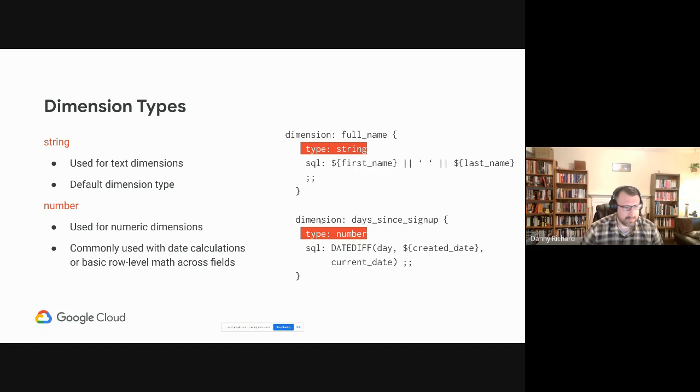Anytime you have a dimension as a number, that would be of type number. So this is a good example. Days since sign up. That is a number, but it's something that you're not going to aggregate on. It's something you're going to slice and dice on. So it's going to be treated as a dimension, even though it's a number.